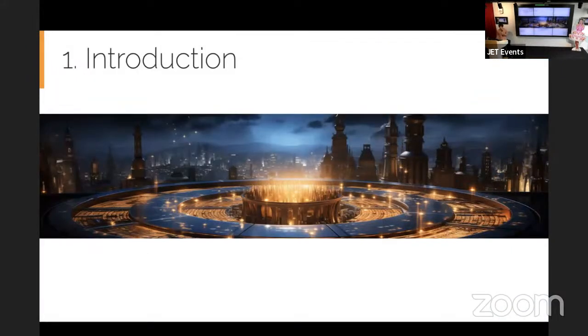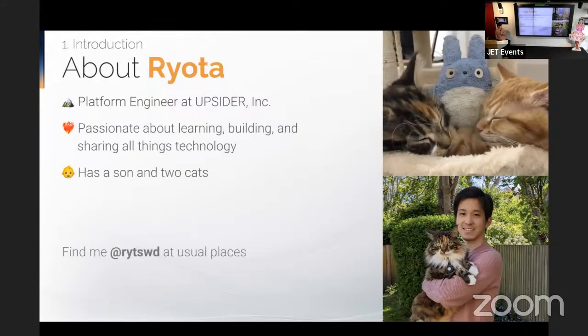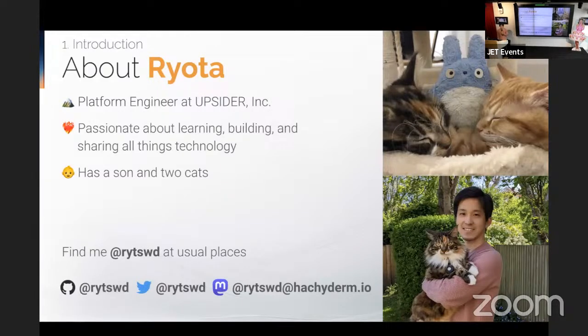So a bit of introduction. About myself, I'm Ryota. I'm a platform engineer at Upsider, and it's not Upbound. I should have chosen my topic wisely, but Upbound is the creator of Crossplane. I'm just an end user from the Upsider perspective, which I'm going to talk about.